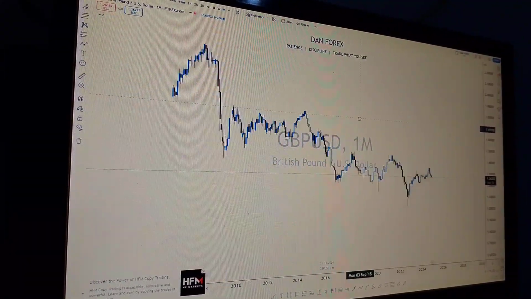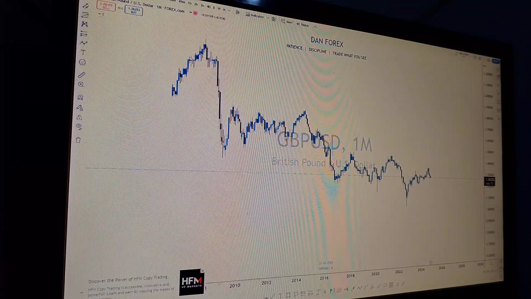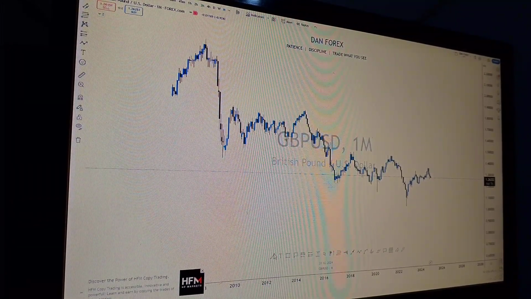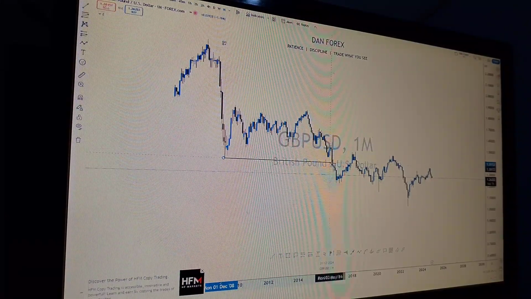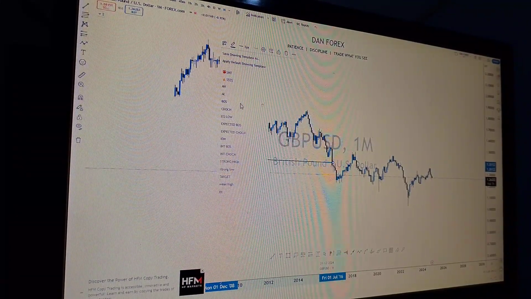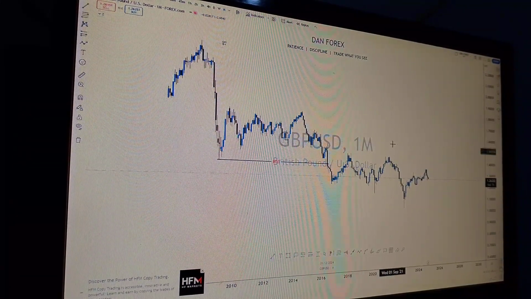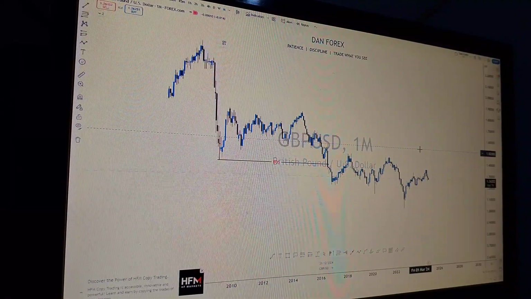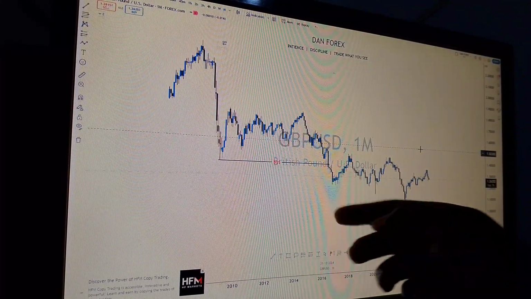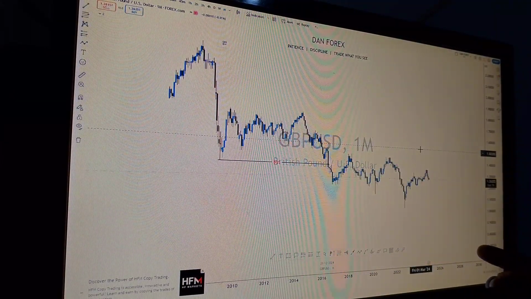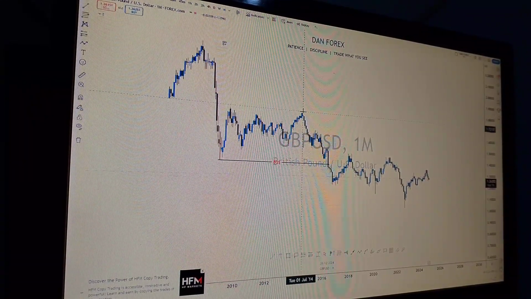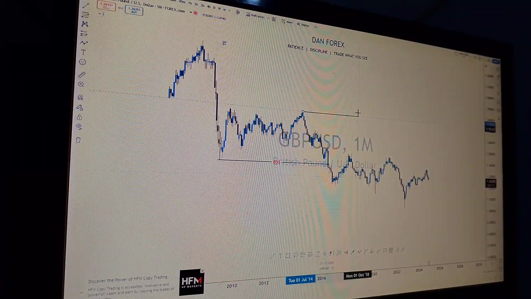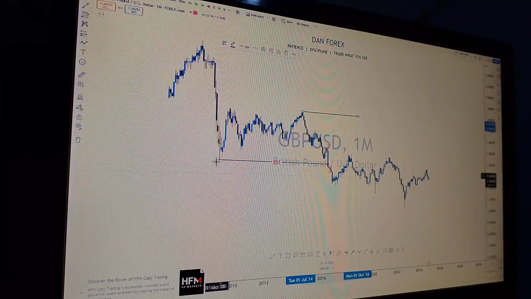So what do we have here? On Gbpusd, we have this as the breakout structure, right? The market broke this structure and went down. So where is our strong high? This is the strong point of the market. This is the high that caused this low to be taken out.